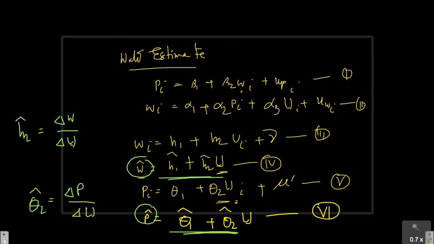Now what the Wald estimate said: we took the coefficient of the reduced form equation, which is basically this one, the main equation here.